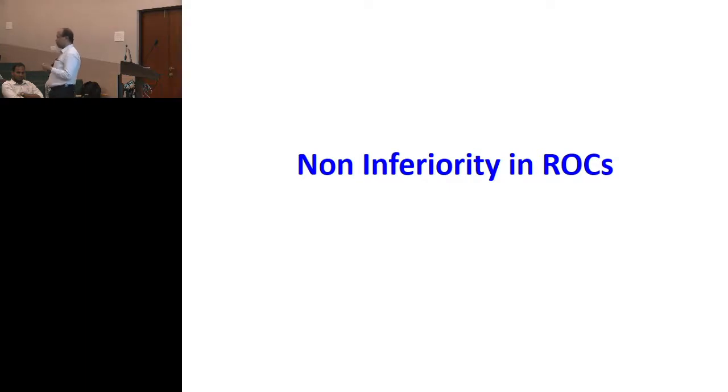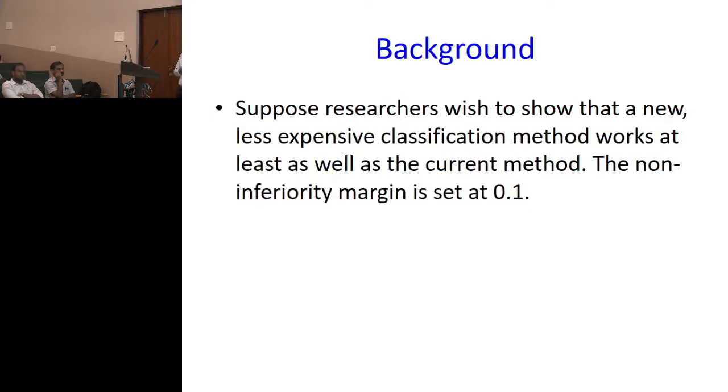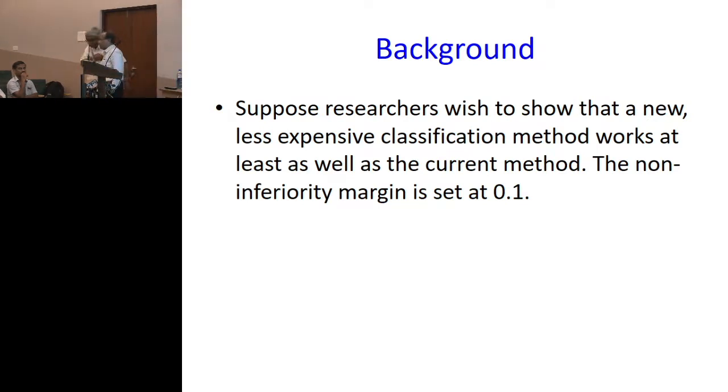One treatment is non-inferior to another treatment and so on. Similar concept. So the non-inferiority margin has to be set. In this example we have set the difference in the AUC as 10%. The difference has to be within 10%, then I would say one test is non-inferior to the other.